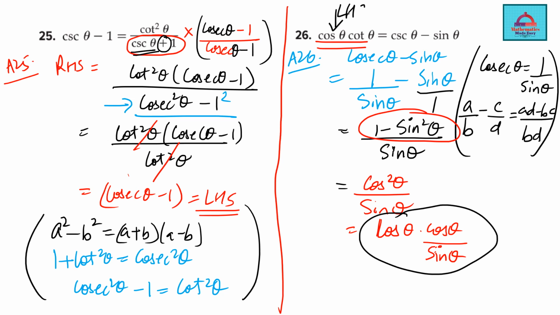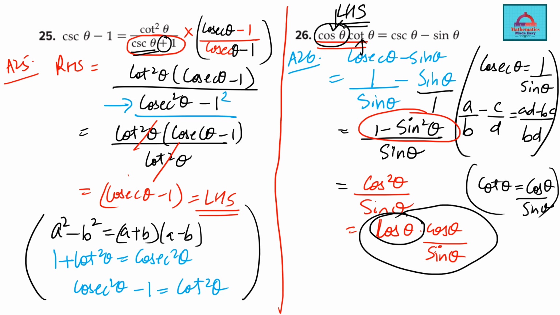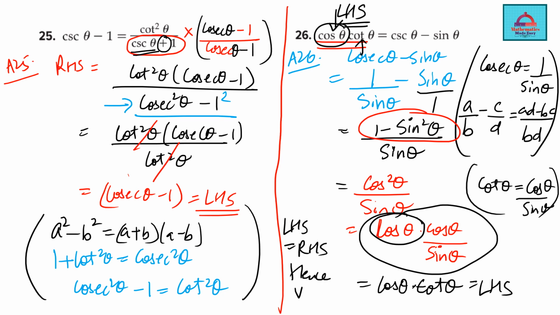You know you need to reach this part. That means you want cos alone. So I keep one cos alone, and here you want cot, which is what? The quotient of cos over sine. So that's one of the small tricks that you will use. And now we have reached what we wanted, which is the left side. So yes, left and right side are both equal, and hence we have verified question 26 as well.